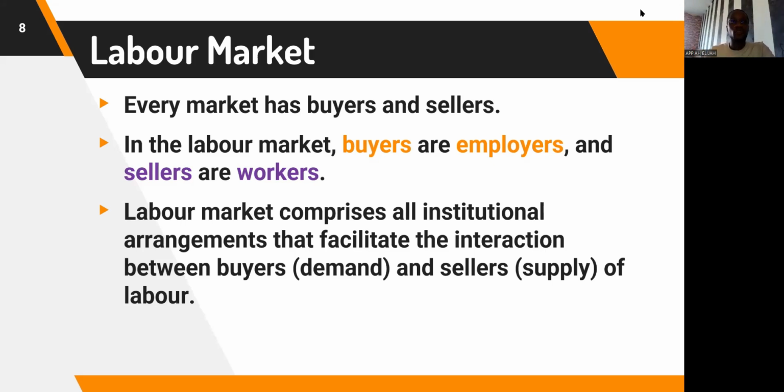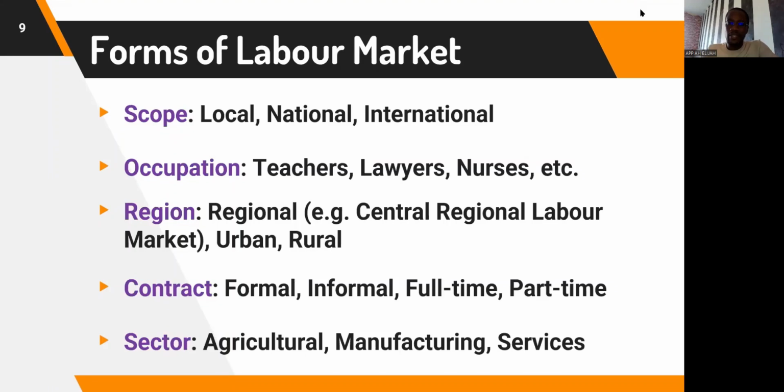If you go to Kaneshi as well, you see that there is a very big building, Kaneshi Market. Yeah, that is also an institutional arrangement. Other instances, the government can give subsidies on certain goods so that prices of goods sold on the market can come low. All those sort of things are the institutional arrangements that ensure that the interaction between buyers and sellers of labor becomes possible. That is what labor market is.